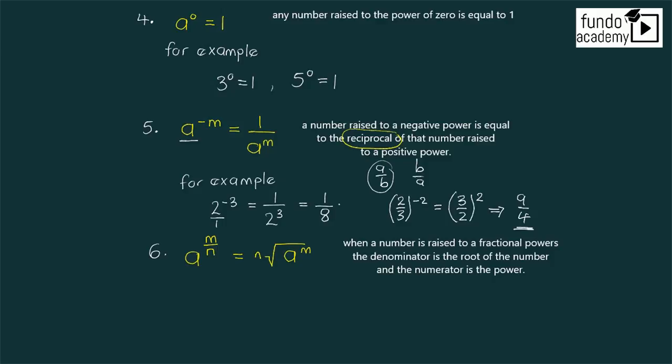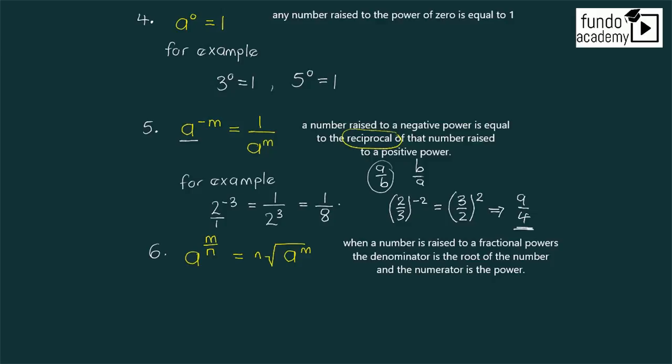So you look at the fraction, and the denominator, in this case n, becomes the root of the base. So that's why we are saying nth root of a, and the numerator, in our case we've got m, becomes the power, so we raise a to the power of m.